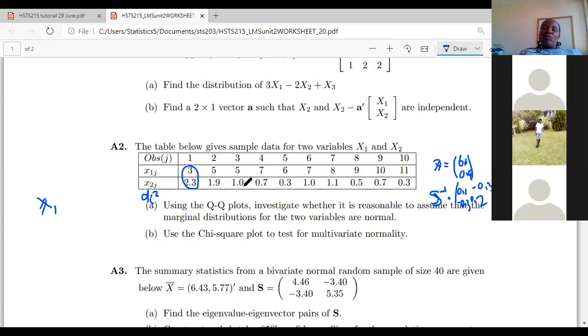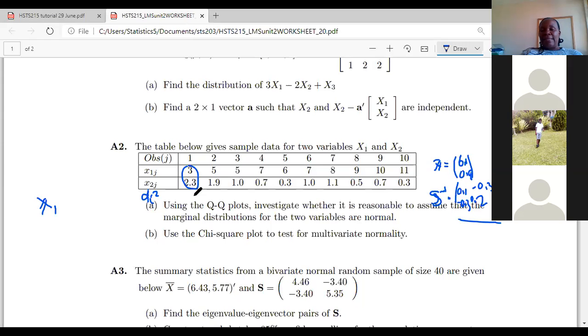Then for this value, you calculate di squared as the vector 3 minus 6.1, 2.3 minus 0.9. That's your vector x minus x bar. You take it as a row vector transposed, times this matrix, times the same difference. You do that for all the values.